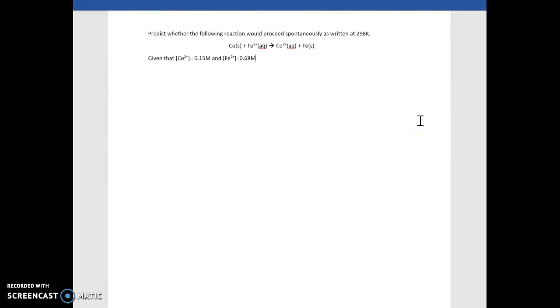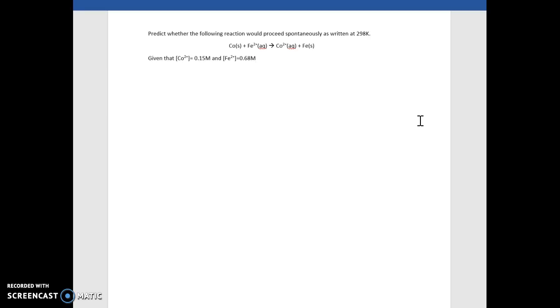Alright, this is problem 2 for the 5 problems extra credit for exam 4, and it's a problem from the book, and it reads as follows. Predict whether the following reaction would proceed spontaneously as rated at 298 Kelvin.